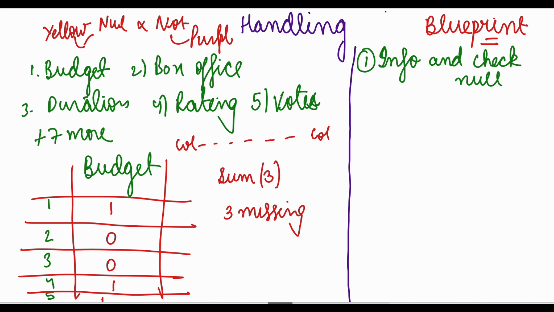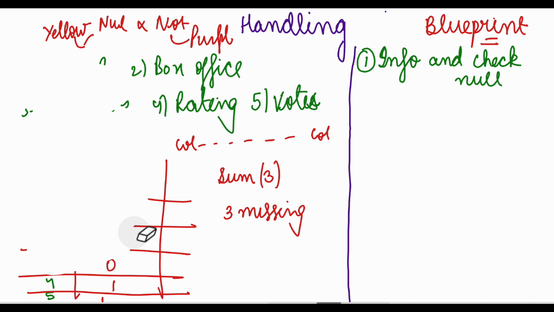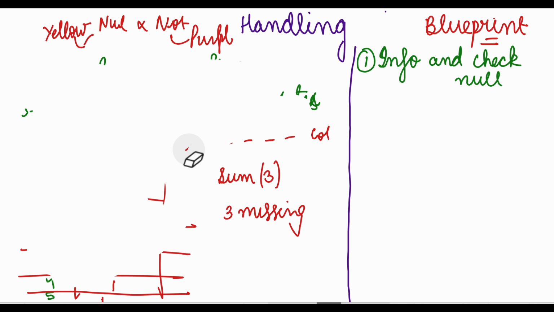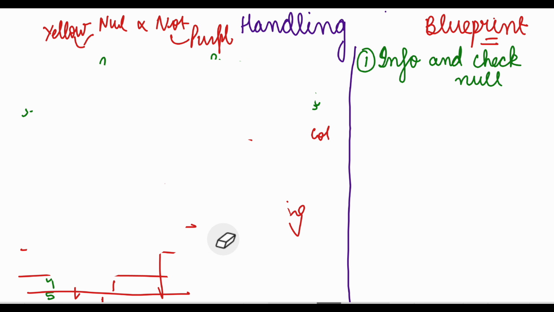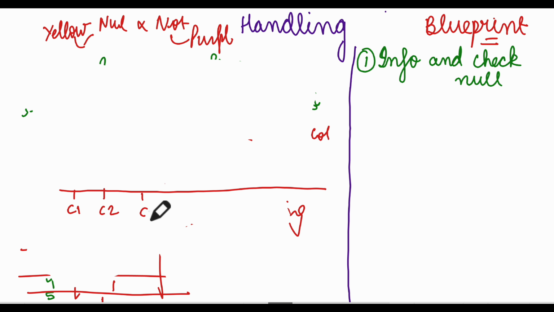So technically what I'm trying to create here, let me show you. I will create a grid which will have on the x-axis all the columns, C1, C2, C3, up to C30. And on the y-axis there will be 1000 rows, row 1, 2, 3 up to 1000.